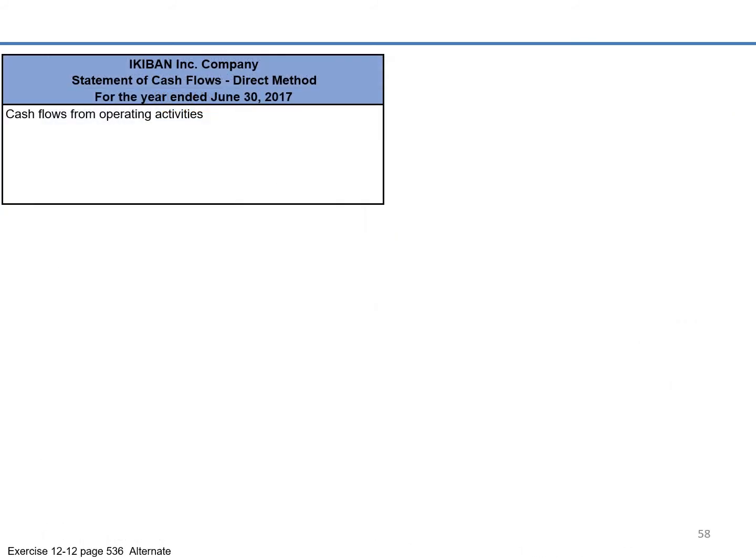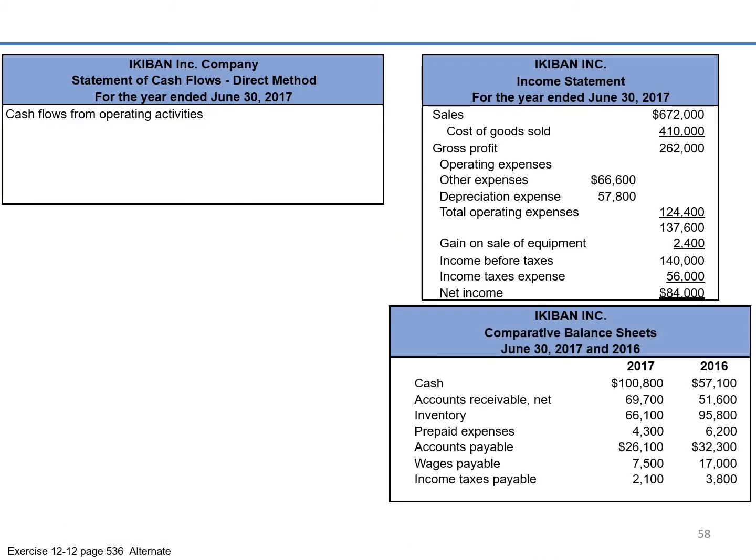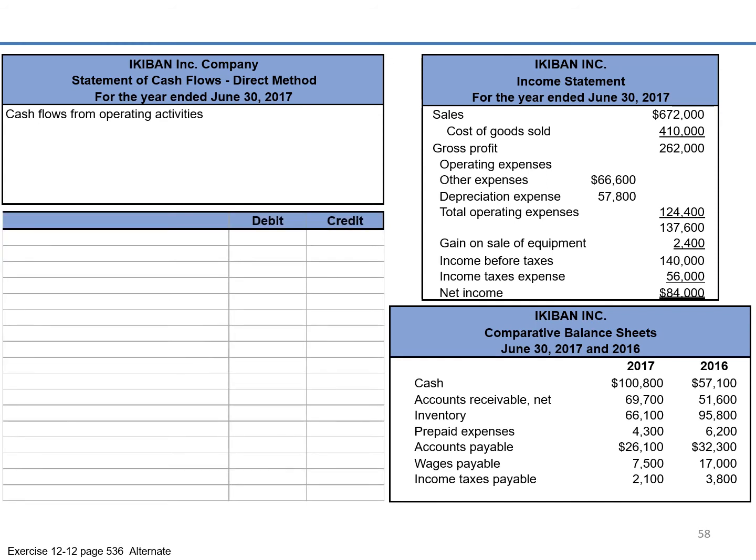So cash flow from operating activities, direct method. So we first have to figure out the journal entries or what the payments or the cash related activity is for the related items on our income statement and our balance sheet. So if we had sales of 672,000, that would be total credits or net credits, right? Of 672,000 during the year.